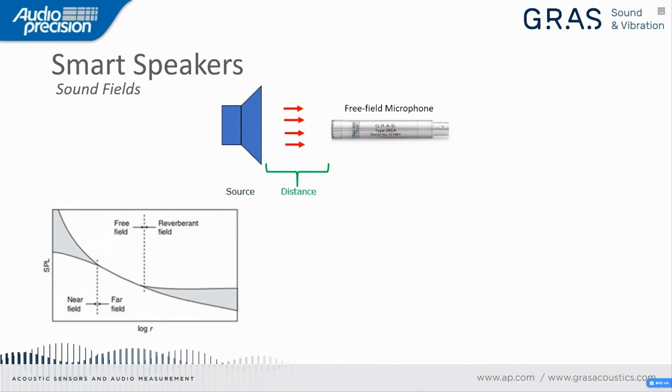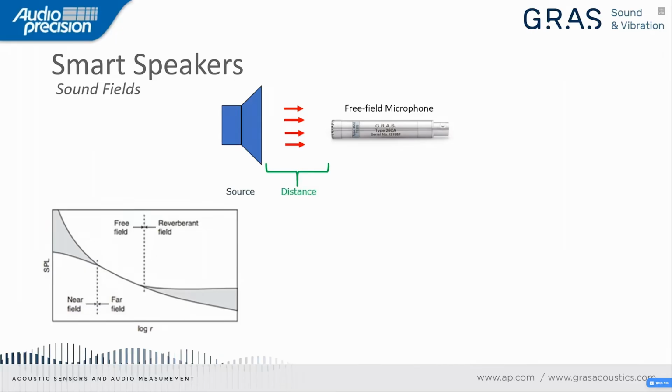At a certain point, you will see that every time you double the distance between your source and your microphone, the output of your microphone, or the SPL level you are measuring, will drop by 6 dB.